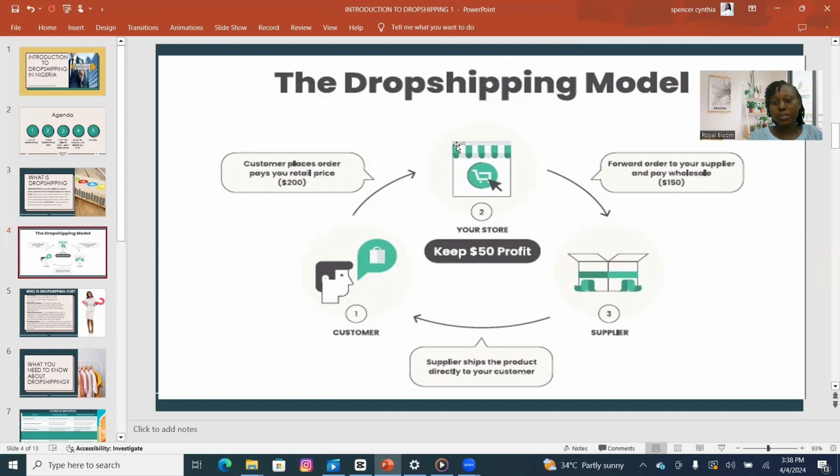So let's just go through this dropshipping model here. This is a store, and the store here is you, right? We have our supplier here, and we have our customer here. Now, let's see how profitable this dropshipping business could really be for you.